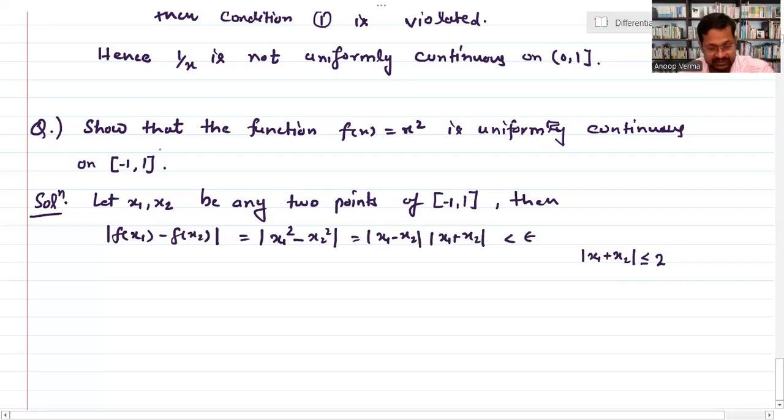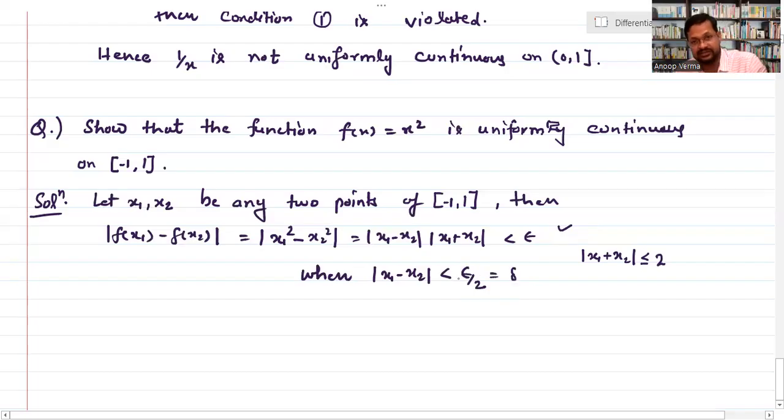तो यू कैन इजिली सी कि you can easily see this will hold when we are taking mod of x1 minus x2 less than epsilon by 2, then this condition will hold, which I'm taking as delta.